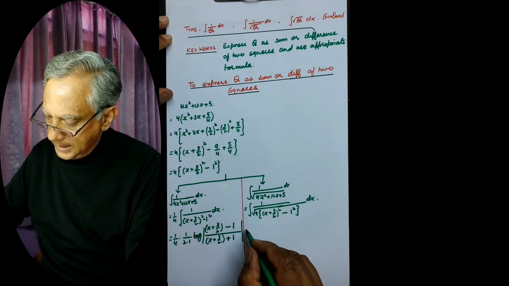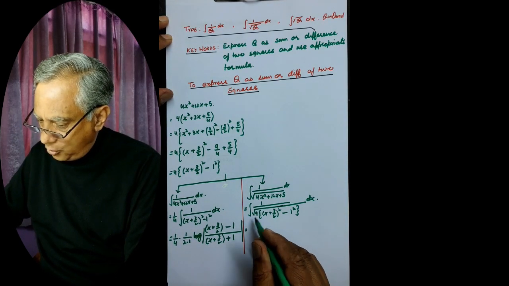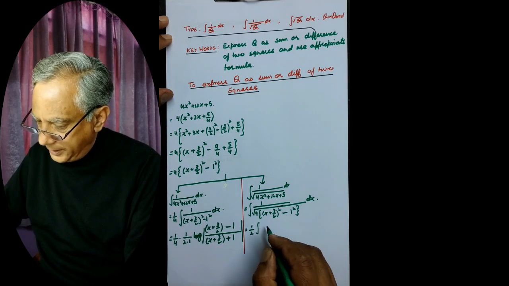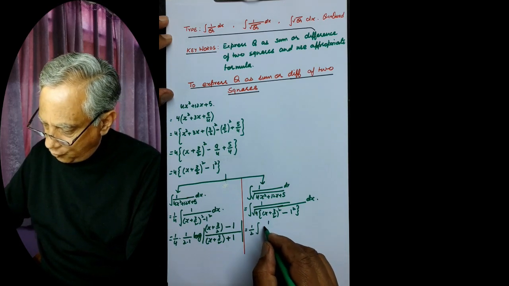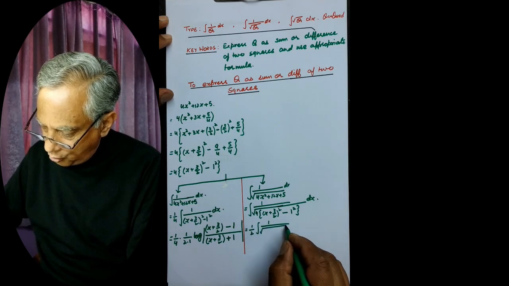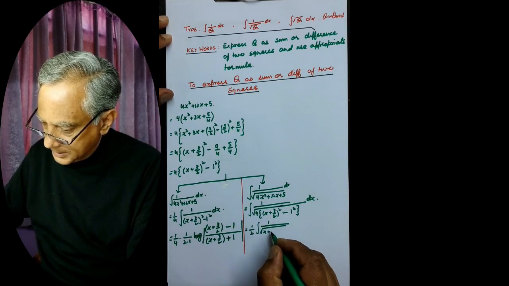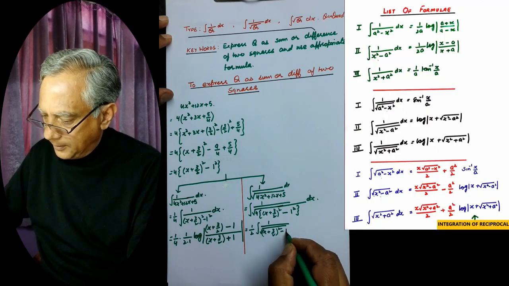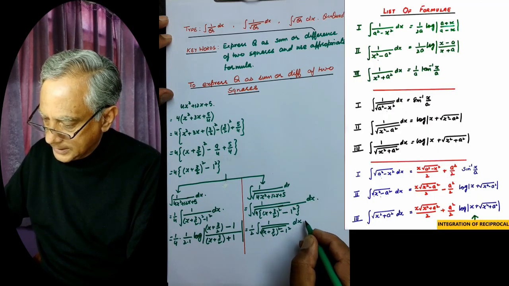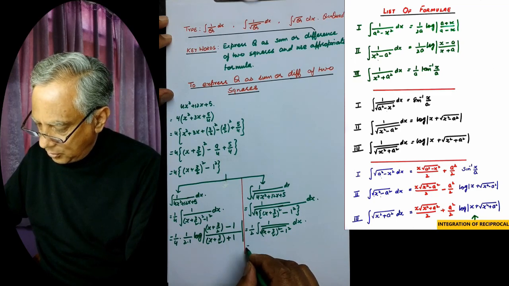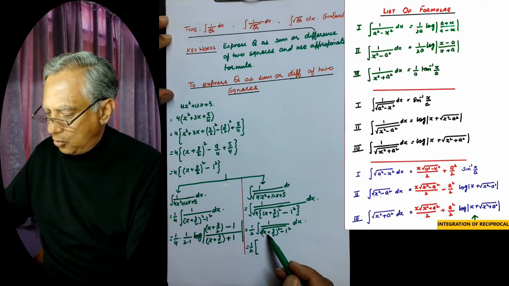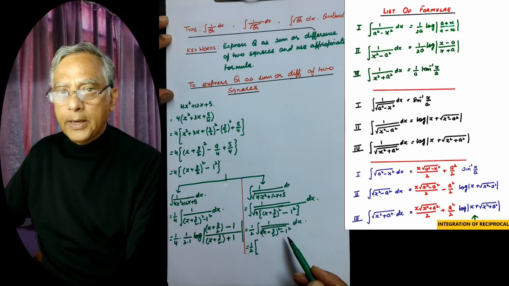And this can be written as 1 by root 4. Root 4 is 2. So 1 by 2 integral 1 upon under the root x plus 3 by 2 whole square minus 1 square dx. So this is equal to 1 by 2 into, now the formula for 1 by under root x square minus a square.